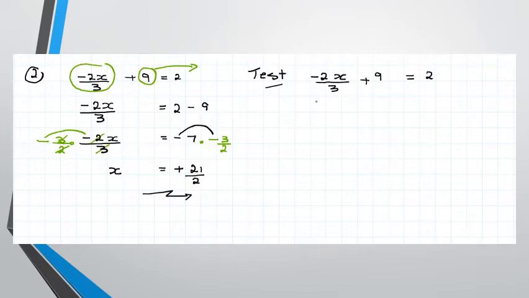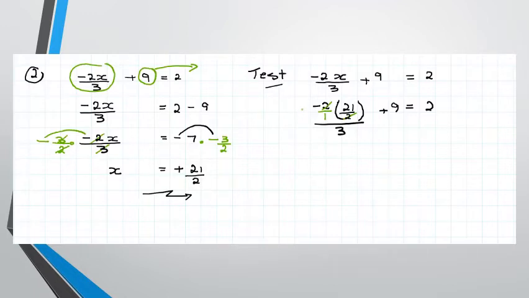First of all, I'm going to substitute my x answer, so the x is going to become 21 over 2, and everything over 3 plus 9 equals 2. I can see now that 2 and that 2 are going to cancel, because strictly speaking underneath that 2 stands a 1.